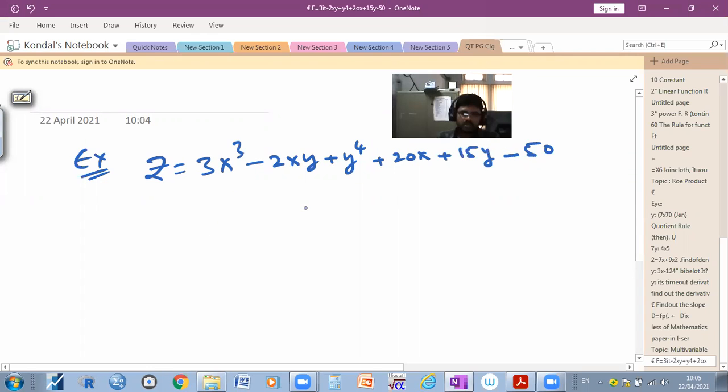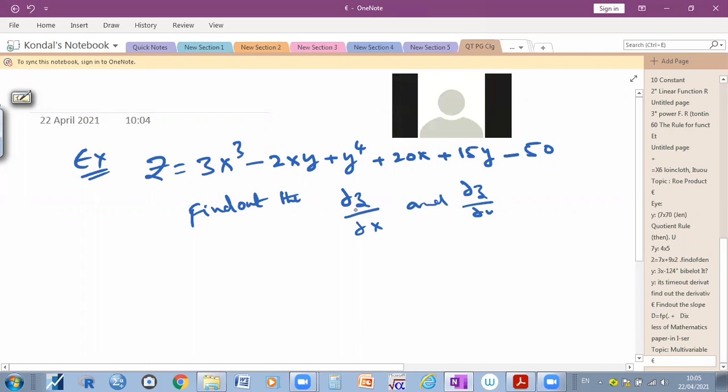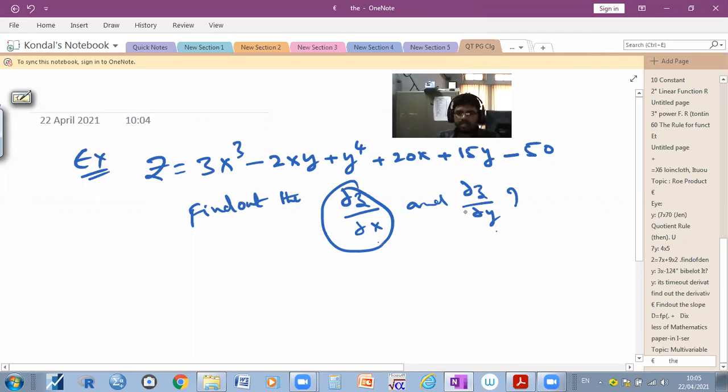Please take these notes, this problem, then find out dou z by dou x, dou z by dou y. It means the first order partial derivative of z with respect to x, z with respect to y.